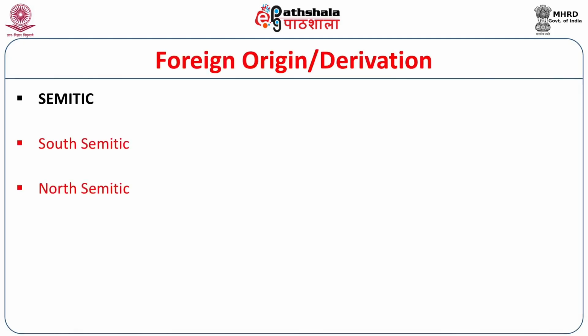The scholars working on the foreign origin of Brahmi are again divided into two groups. One group suggests that Brahmi originated from the South Semitic group of scripts, while the other group suggests that it developed from the North Semitic group.